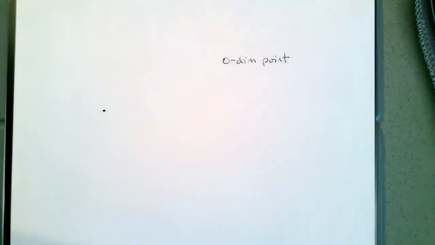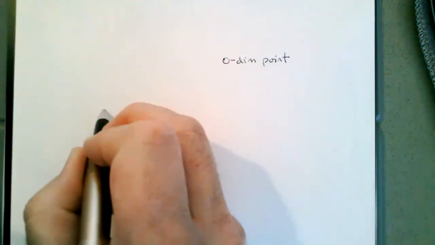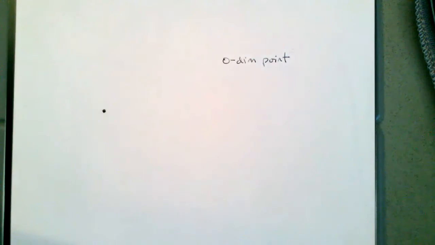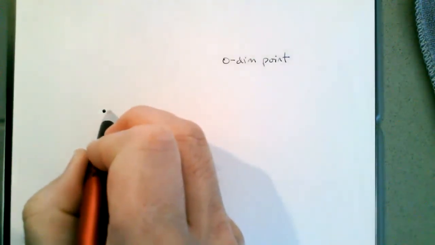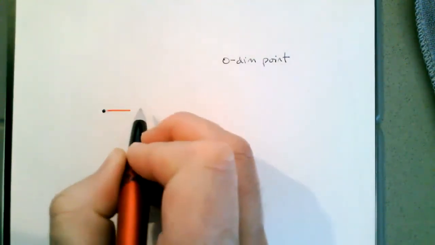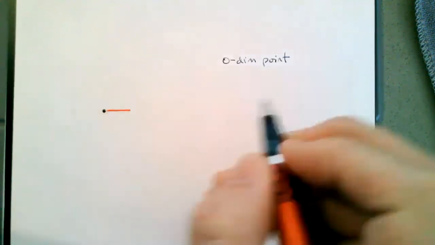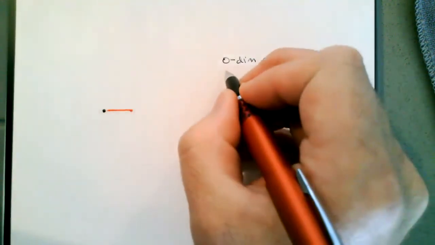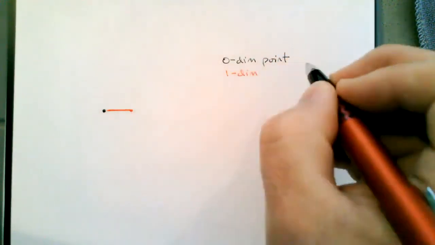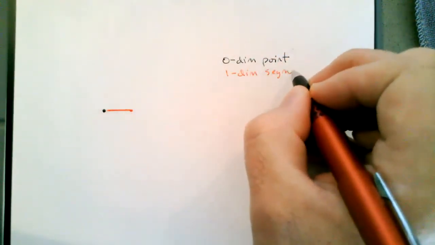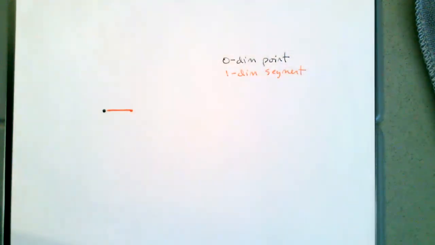But if I take that point and I extend it through, let's say I'll just move this point to the left, start with a 0 dimensional point. If I slide this to the right, I can create a 1-dimensional segment, just by taking the point and projecting it through a dimension that I wasn't already using.